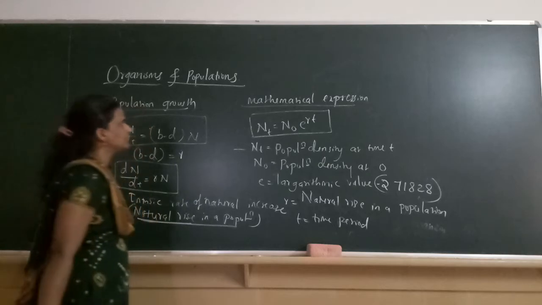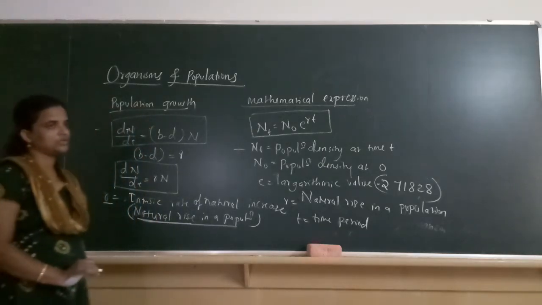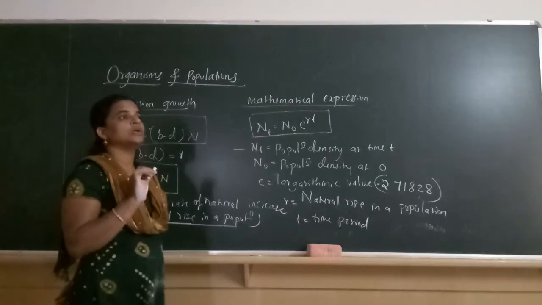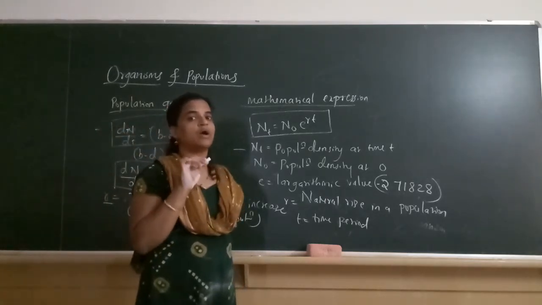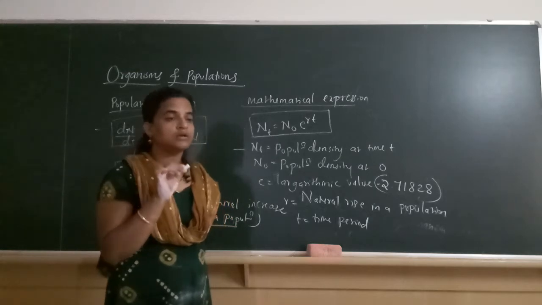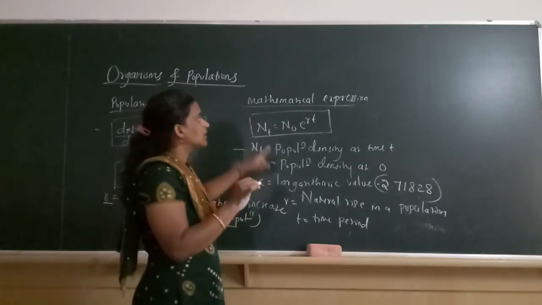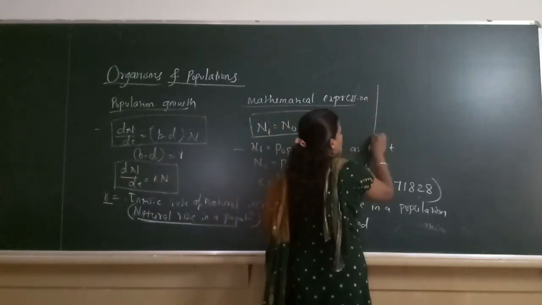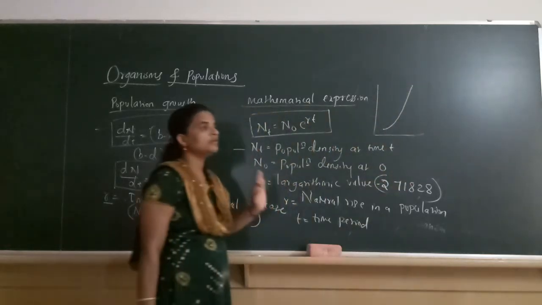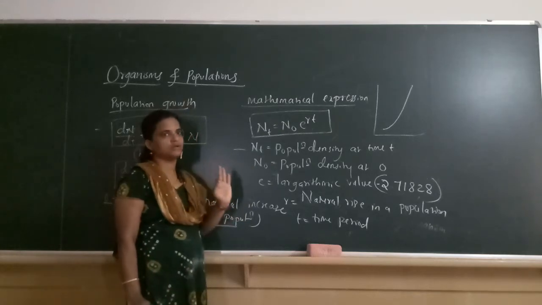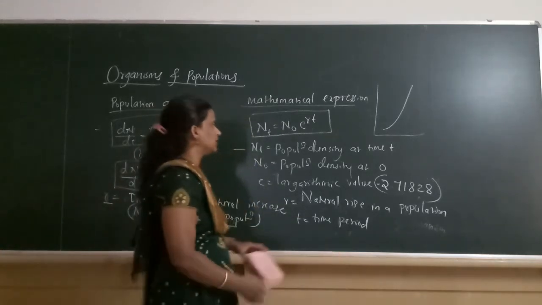This is the mathematical expression of the exponential growth curve. Exponential growth curve means what? Here there is no limitations for the growth, because we are providing all resources which are needed for the growth continuously. Here continuous growth takes place, and it is a J-shaped growth curve.